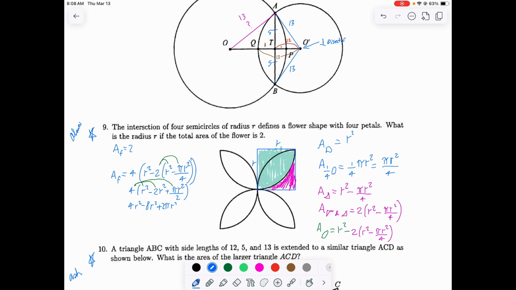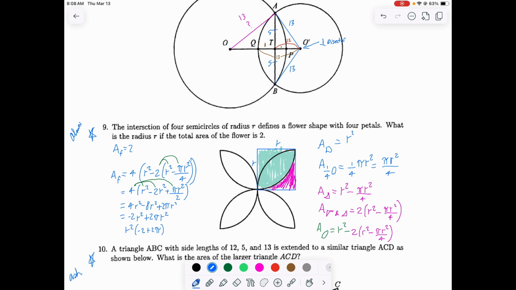And now we're going to factor out some terms, combine like terms. So notice how we have 4r squared minus 8r squared. That's really negative 4r squared plus 2 pi r squared. And we can go ahead and factor out the r squared. By the way, this should continue to be equals. So we get r squared times negative 4 plus 2 pi.